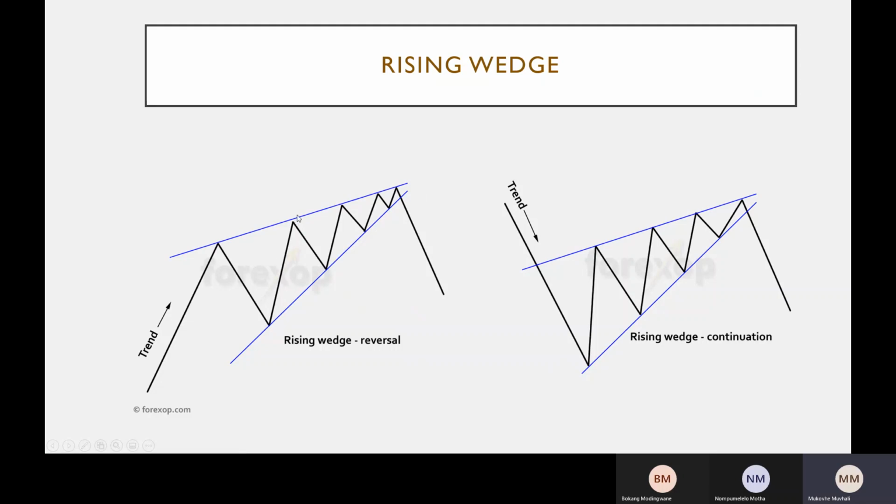So you have your highs being formed, but these highs are not that high. The margin between the previous high and the new high is very low. They have a small gap between the two highs. And you still have new lows forming higher than the previous lows.